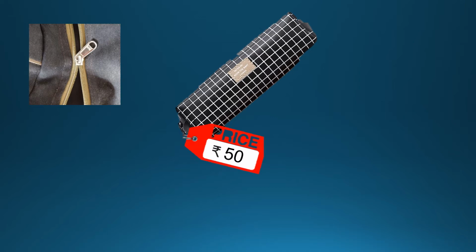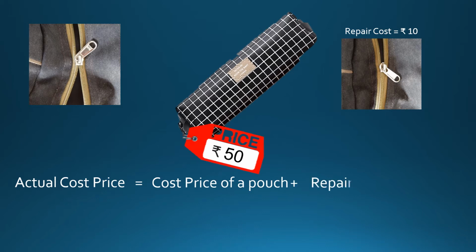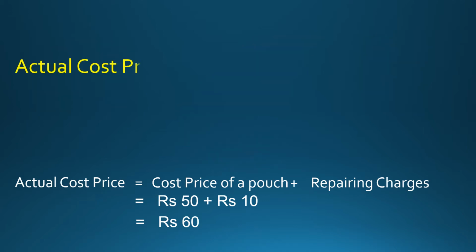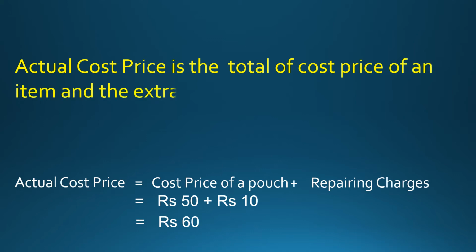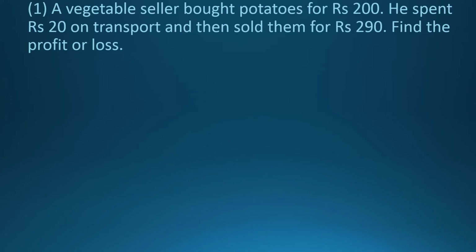I had to spend rupees 10 to repair the chain. So how much did the pouch cost me? Yes, the cost price of the pouch plus repairing charges, that is rupees 50 plus rupees 10, which is equal to rupees 60. So rupees 60 will be the actual cost price of the pouch. So the actual cost price is the total of the cost price of the item and the extra expenses spent on that item. Let us solve some problems.